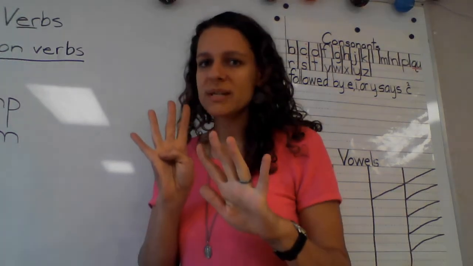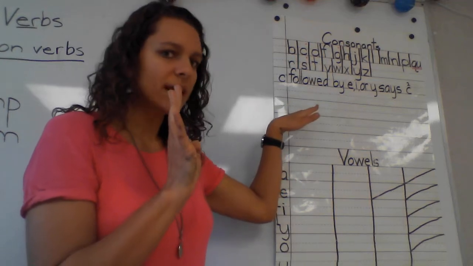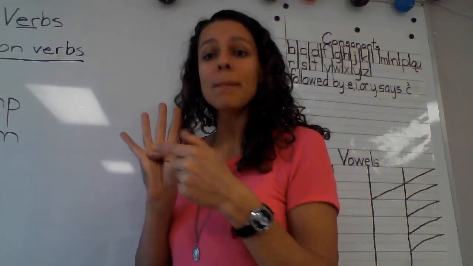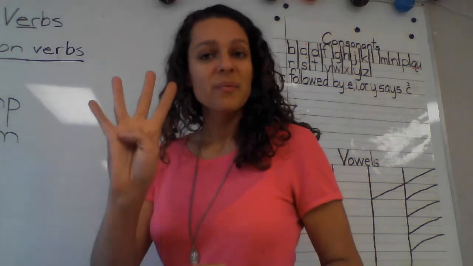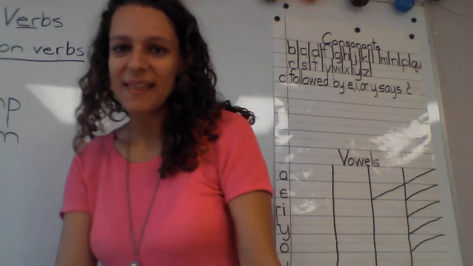All right, one more time since we had a little digression. What do we need to write to spell skip? Excellent job. Write those sounds and say them while you write them.